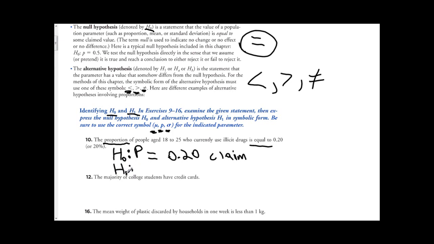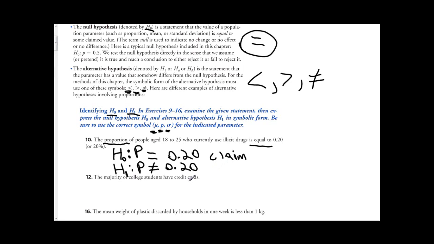The alternative hypothesis would be that the proportion is somehow not equal to 20%, because no other statement is made other than that it is equal. So the alternative to being equal is to be not equal. This is the alternative hypothesis.